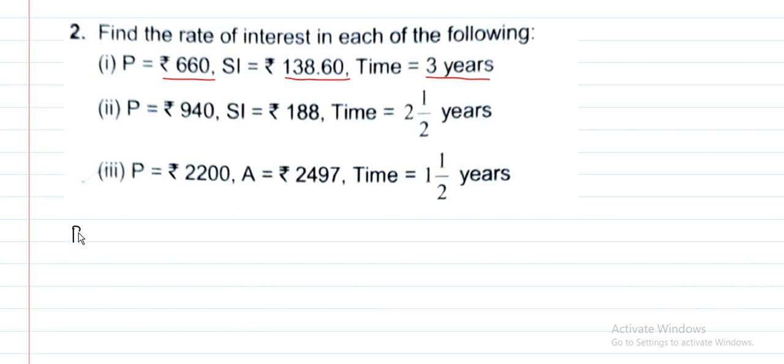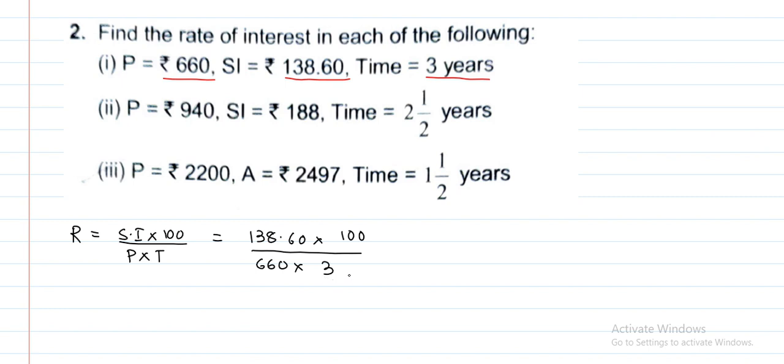As we know, rate of interest R is equal to SI into 100 by principal into time. SI is rupees 138.60, into 100, by principal rupees 660 into time 3 years.